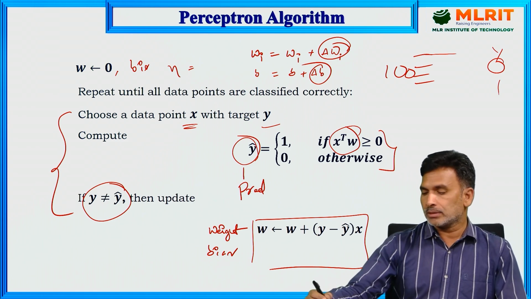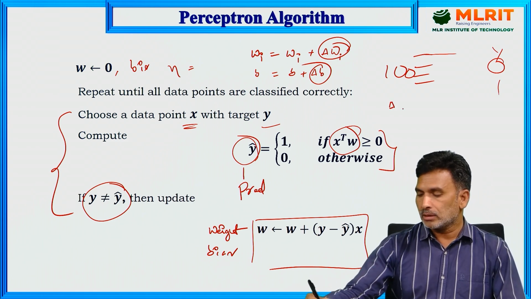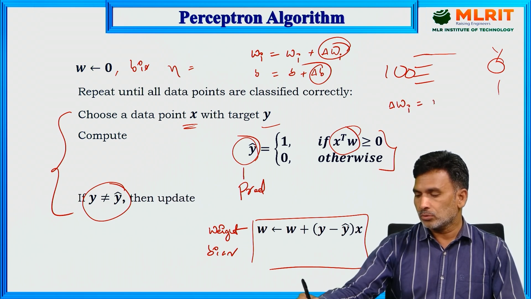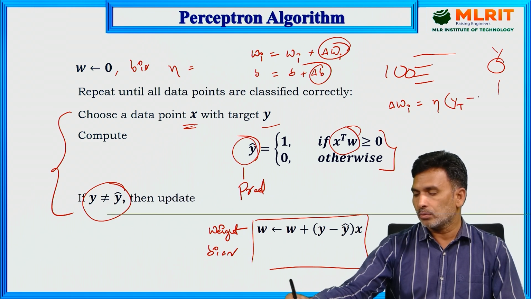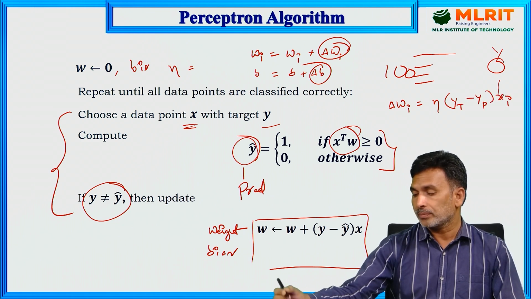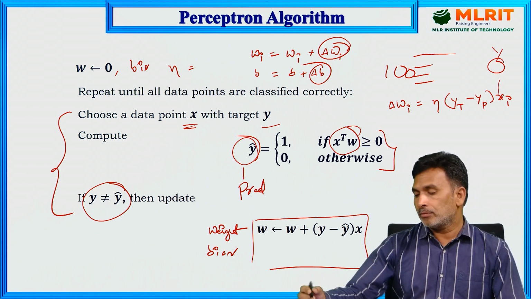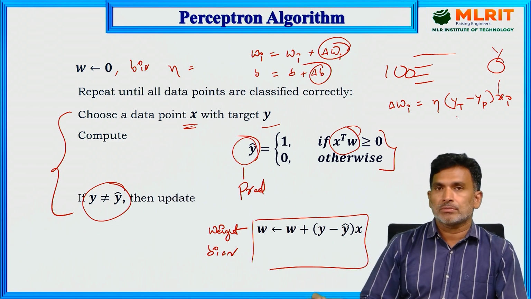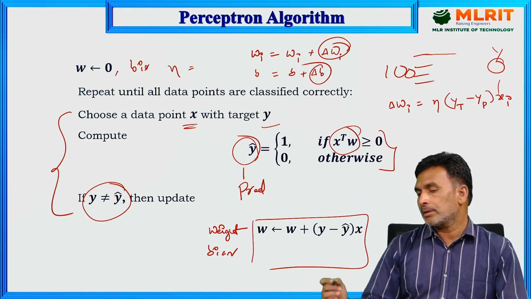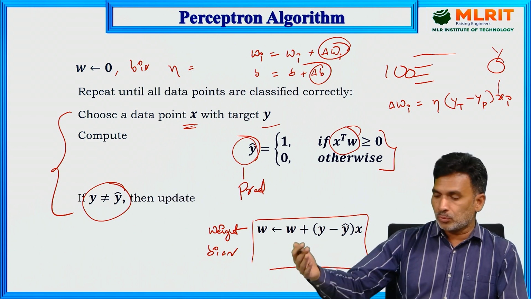In this case, delta wi is equal to learning rate times y true value minus y predicted value times xi. Here eta is the learning rate, y true is the actual value, yp is the predicted value, and xi is the corresponding input.